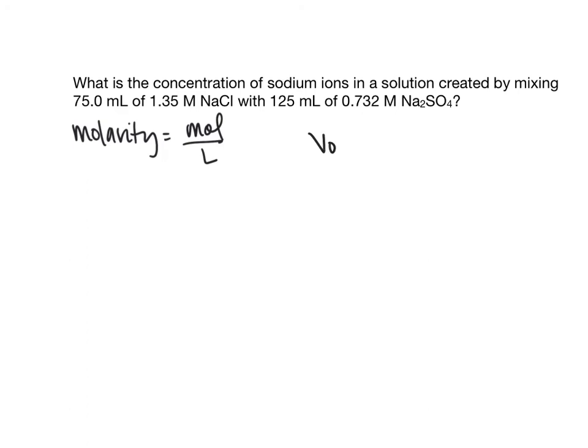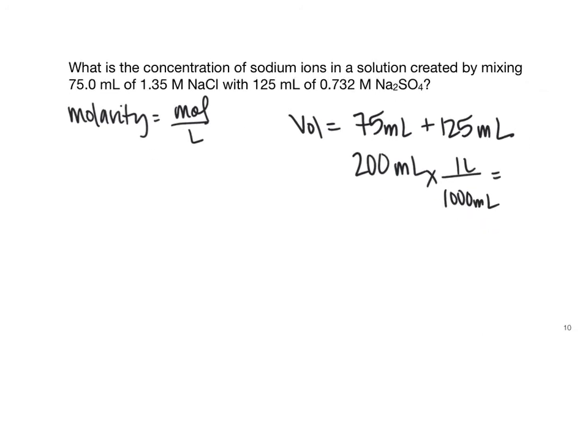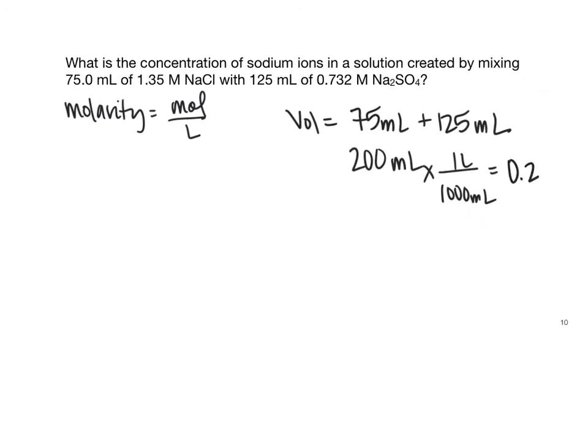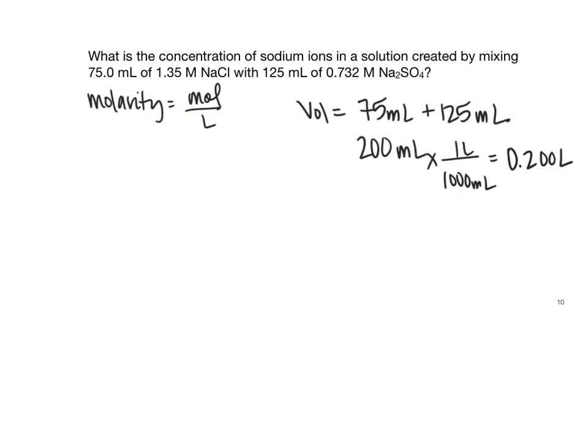The volume is going to be 75 milliliters plus 125 milliliters, which gives us 200 mL. When we convert to liters, that's going to give us 0.2 liters. So that's good, but now we need to determine the moles of sodium.